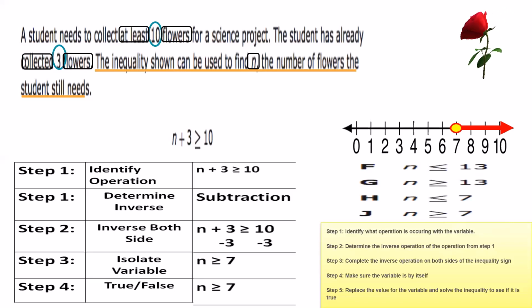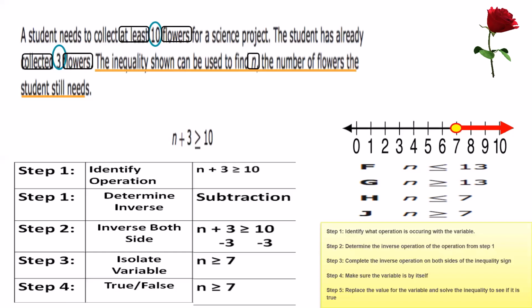Let's find out which one is the correct answer. Now, F would have been what we got if we did not use the inverse operation and got 13. Plus, the inequality sign is showing that n is less than or equal to 13. F would be incorrect. It would be false. It would not represent this inequality.